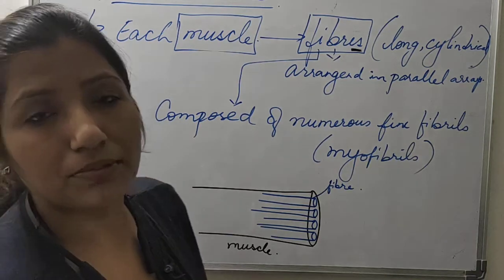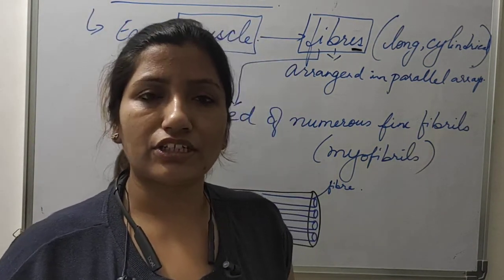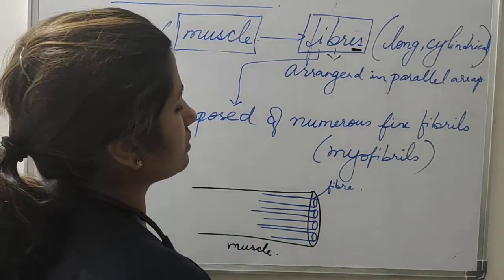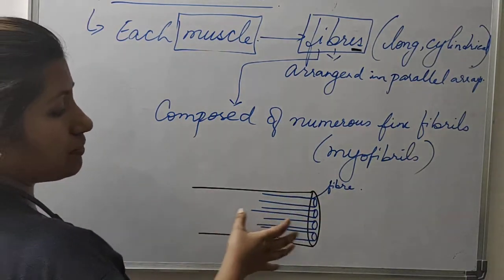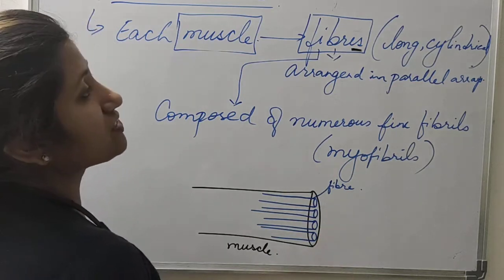When we learn in human physiology, contraction and movement in the human body, then we will learn in detail what these parts are known as. So here the black color structure which I have drawn is a muscle, and the blue color structure is the fiber with which the muscle is made up.